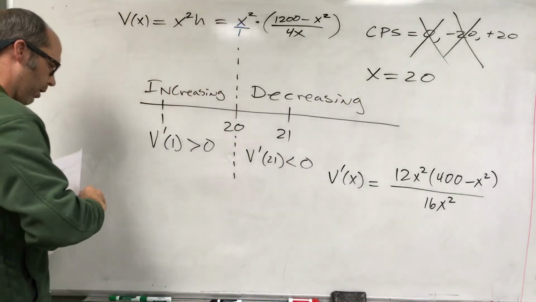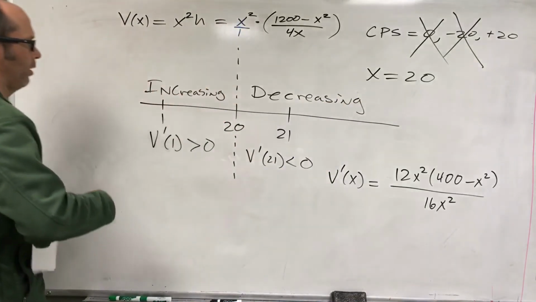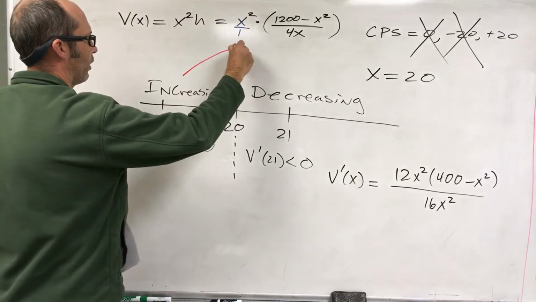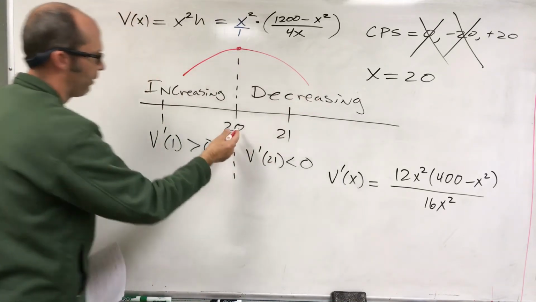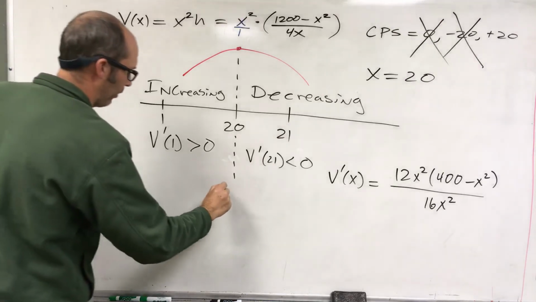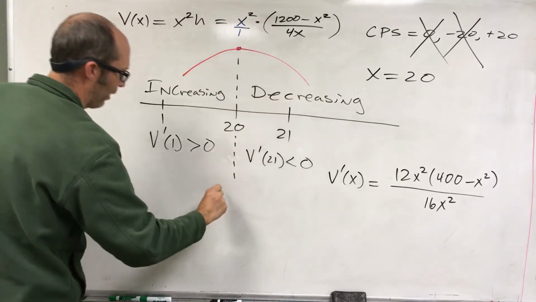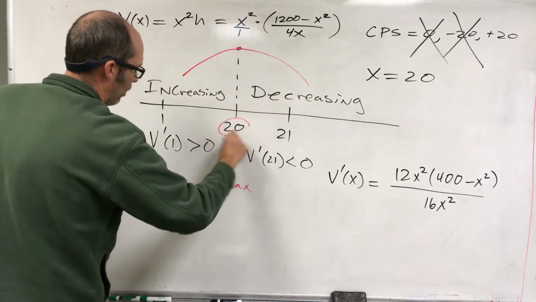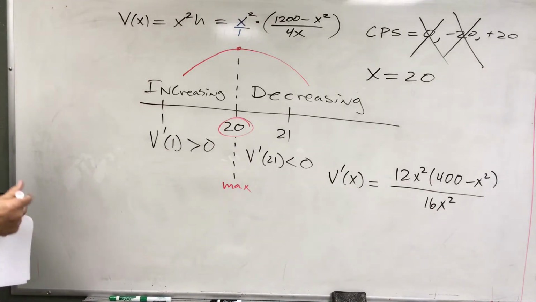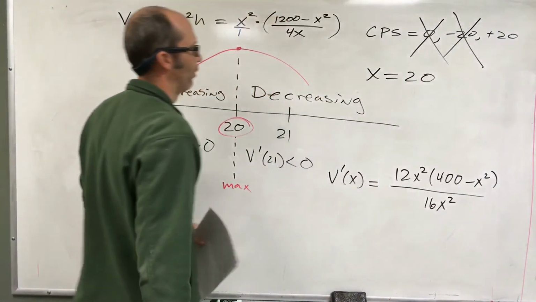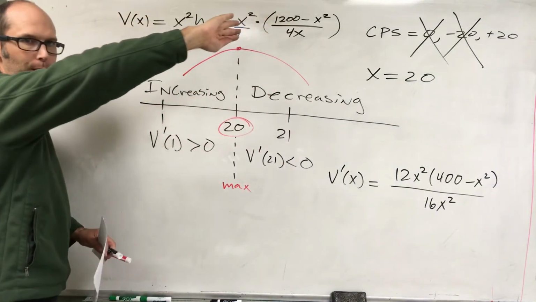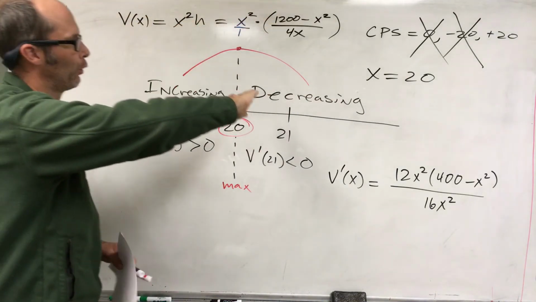So we're increasing to our critical point of 20, and decreasing after our critical point of 20. That says that's a maximum. So 20 is a maximum, and in fact we do have the right answer. But if we found that it was a minimum, then we would say there'd be no solution.